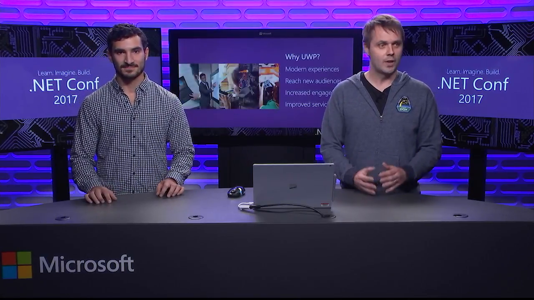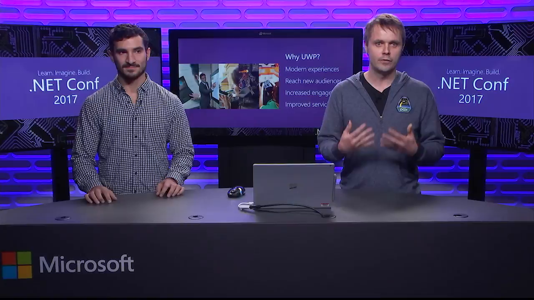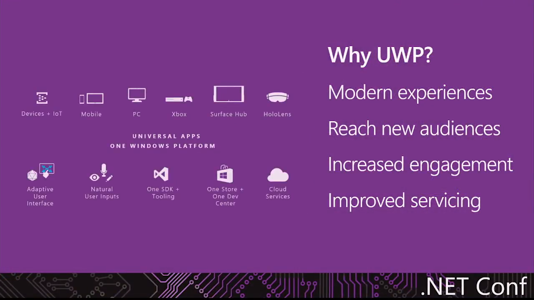So with that, let's start by talking about the Universal Windows Platform and giving you a refresher on some of the benefits really in starting to target the Universal Windows Platform for your apps. So the first thing is the modern experiences that Universal Windows apps can bring for your application. So you may want to get the adaptive user experience from your apps.